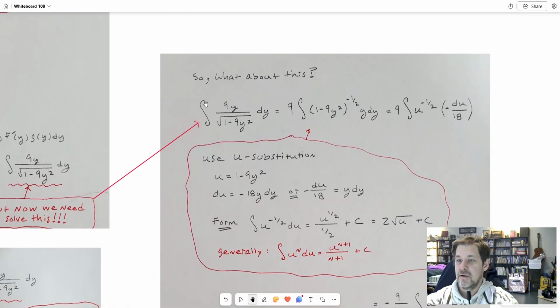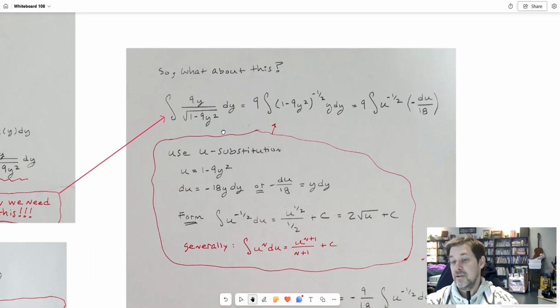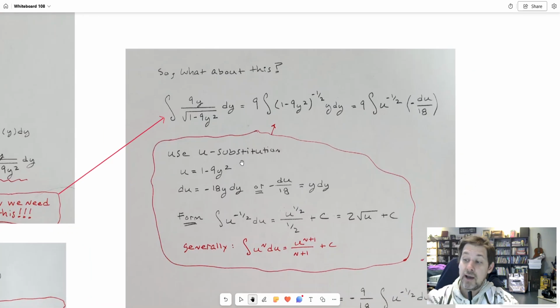This integral all by itself is the kind of thing you do by u-substitution, an entire topic by itself from Calculus 1. I wouldn't show you this as if you'd never seen a u-substitution problem. Maybe it's not fresh on your mind, but you've seen it before.